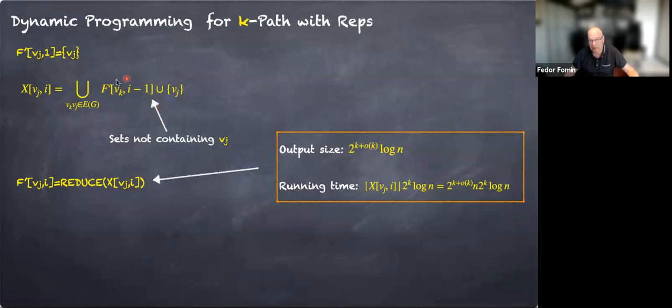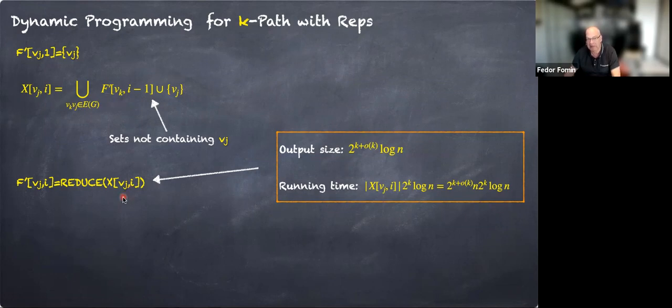Again, these are all possible sets which can be obtained from the previous cells. I take all sets with i-1 vertices which end in Vk, such that Vk is adjacent to the vertex Vj, and all the sets should not contain Vj, where F prime is defined as the following set.